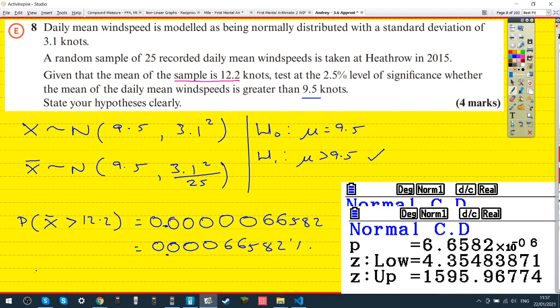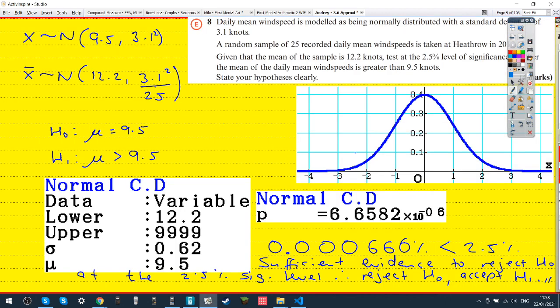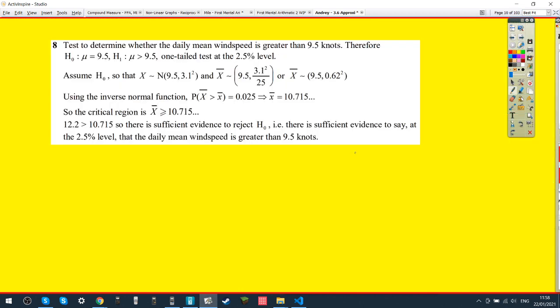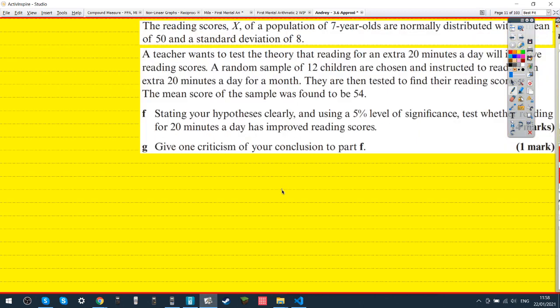So this amount is less than 2.5%, and therefore it's the alternate hypothesis. There is sufficient evidence at the 2.5% level of significance that the mean is greater than 9.5. Sufficient evidence to reject H null at the 2.5% level of significance. So they use some strange numbers. Yeah, there is sufficient evidence to reject it.